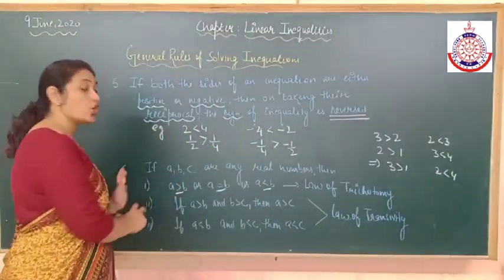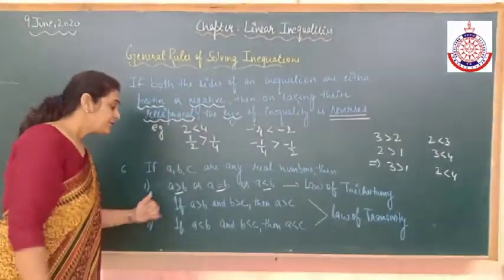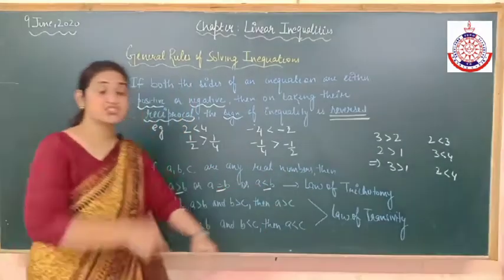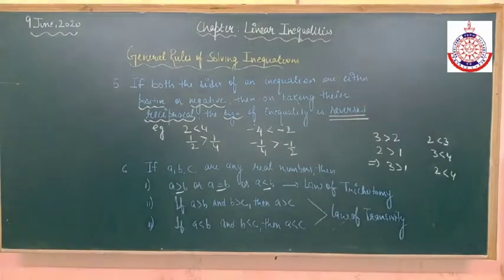This we will do in detail in some other chapters also. Alright, clear to everyone? So these are the rules of solving linear inequalities which you have to keep in mind while solving them.